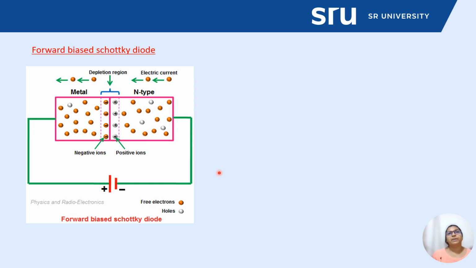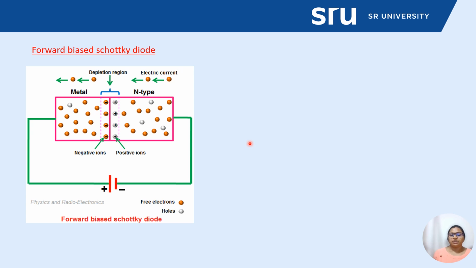If the applied voltage is greater than 0.2 volt, the free electrons gain enough energy and overcome the built-in potential of the depletion region, and as a result electric current starts flowing in the Schottky diode. If the voltage is continuously increased, the depletion region becomes very thin and finally disappears.